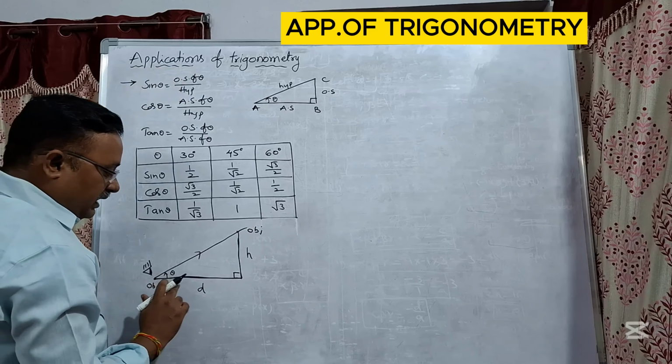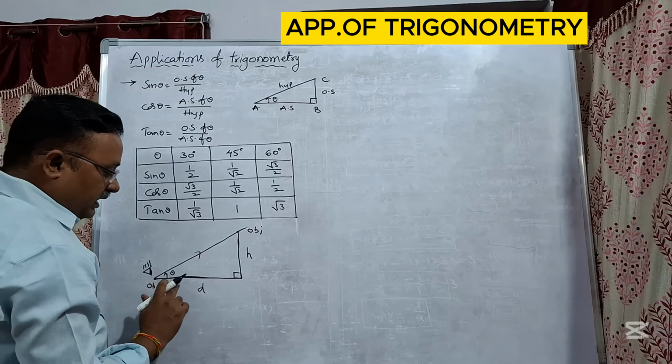When the line of sight is going to observe an object higher than the observer, whatever inclination is formed from the normal sight to the line of sight is called the angle of elevation. At the same time, we should understand what is meant by angle of depression. If the observer is there, he automatically makes a normal sight straight.